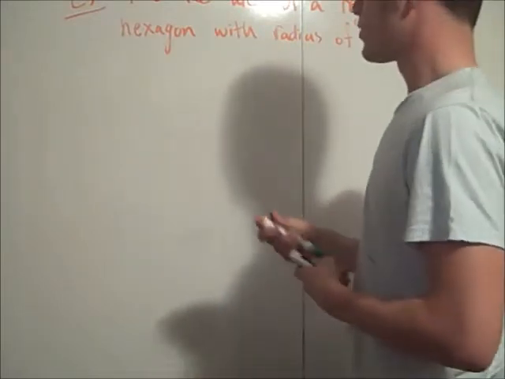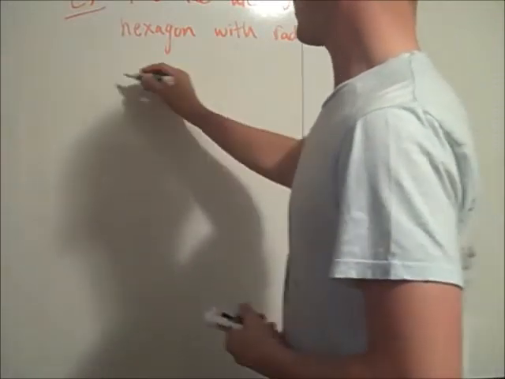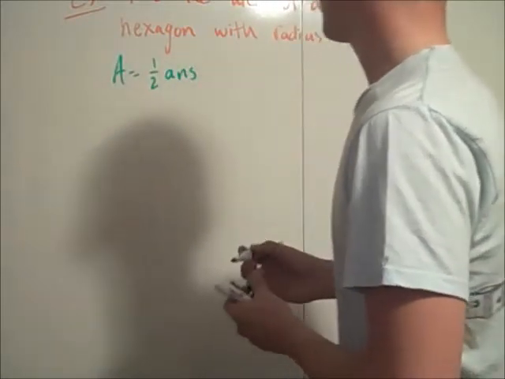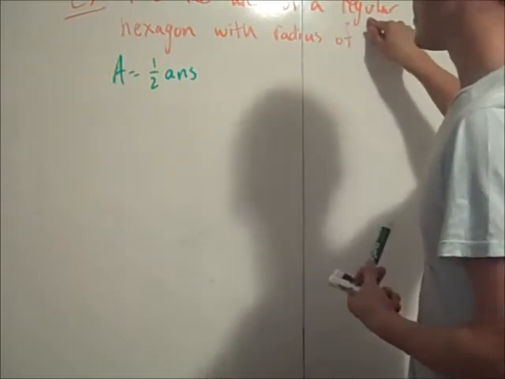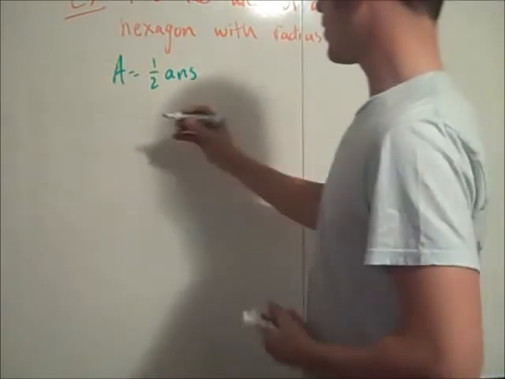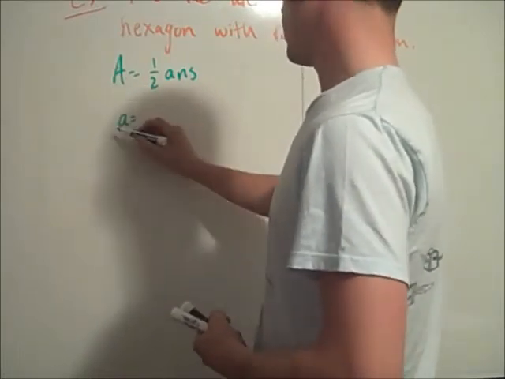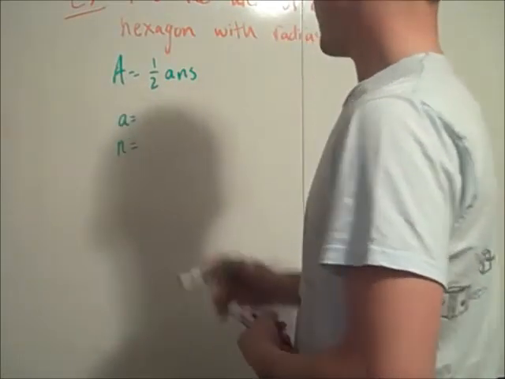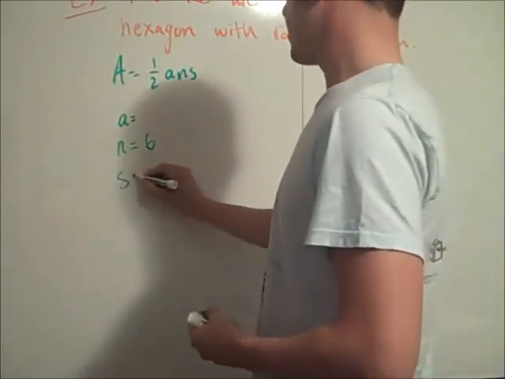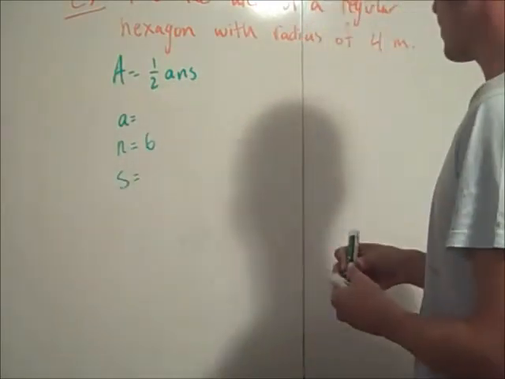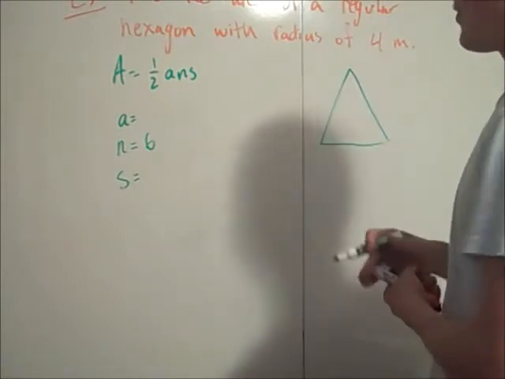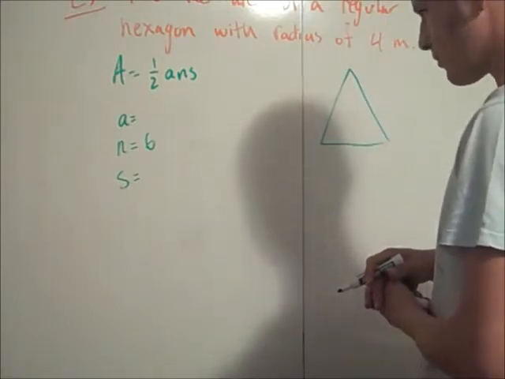Sure. So once again, we have that area is equal to 1/2 ANS because it's a regular hexagon. And so, do we know A? No. Do we know N? Yes, it's 6 because it's a hexagon. And do we know S? Well, no. So let's draw our triangle, one of 6 triangles.